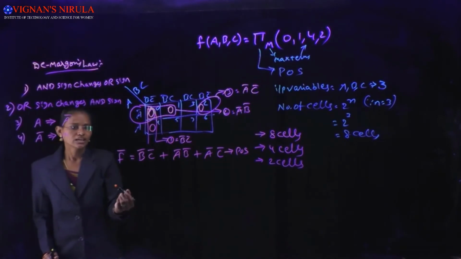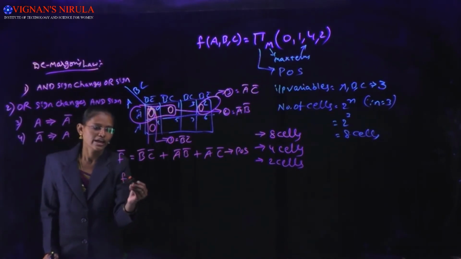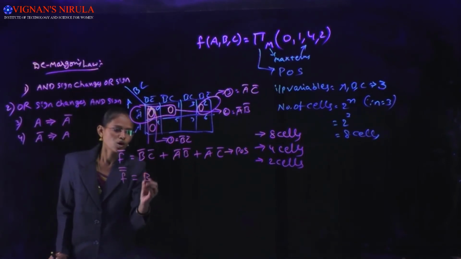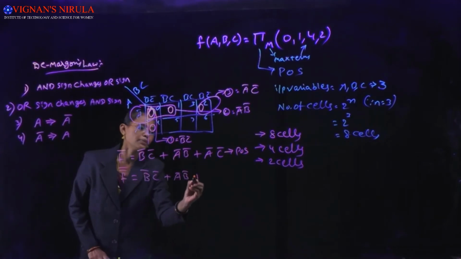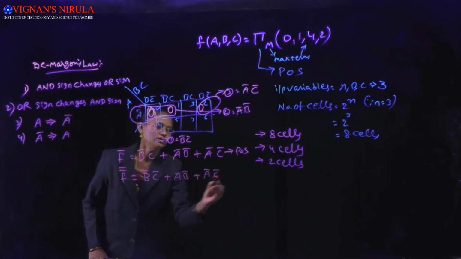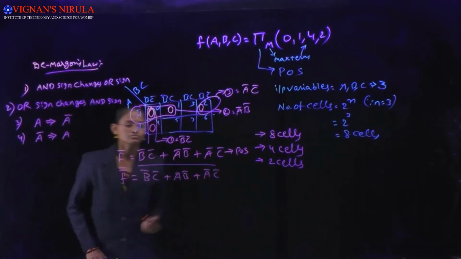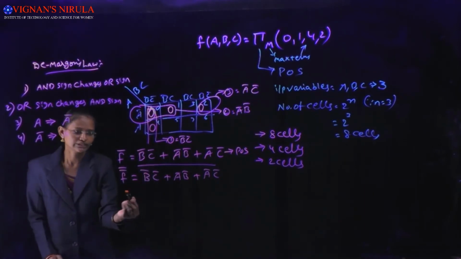Now apply De Morgan's law. F double bar equals, apply the complement to B bar C bar plus A bar B bar plus A bar C bar, whole bar. First we write down the individual terms.